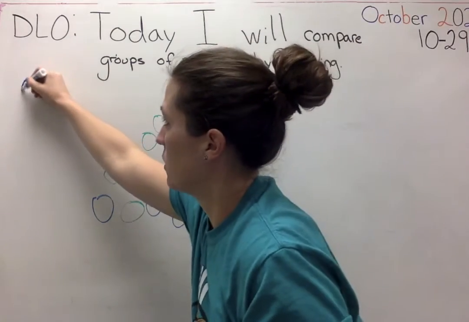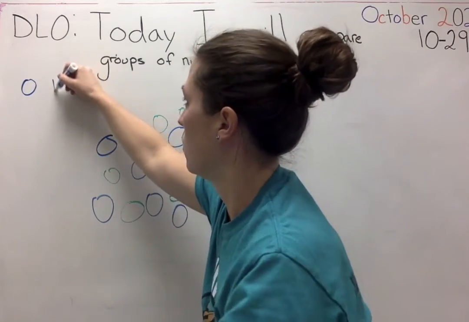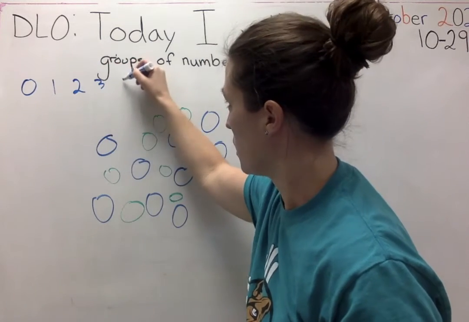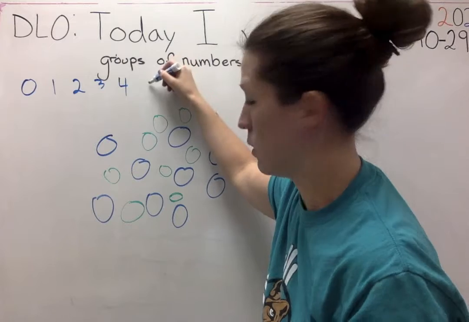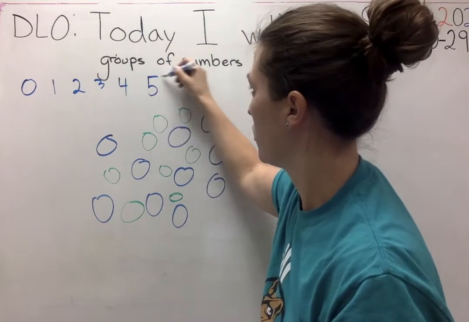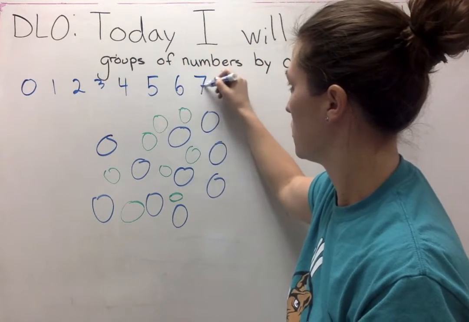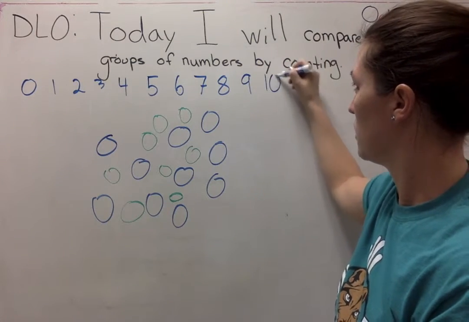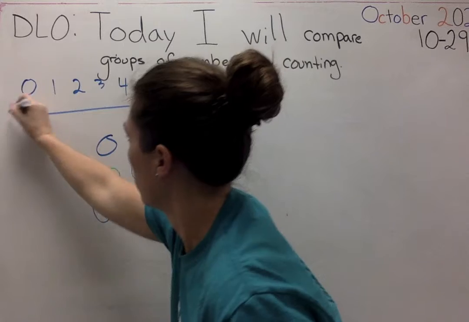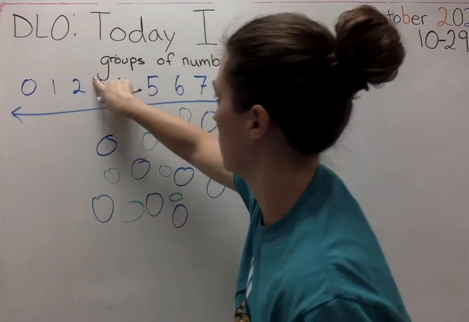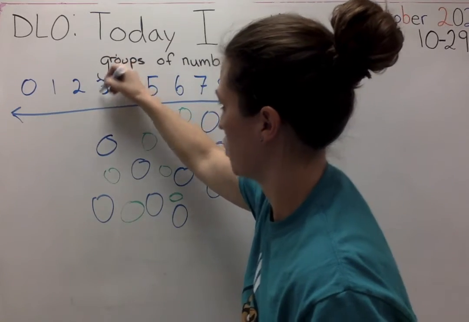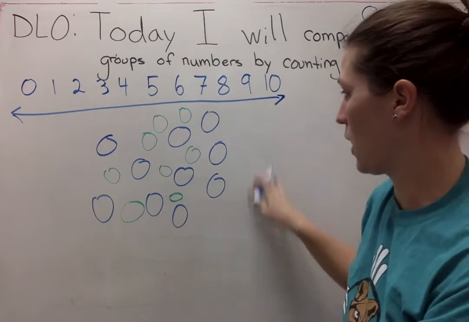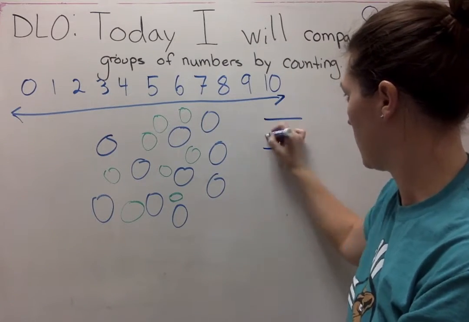So let's start with 0, 1, 2, 3, 4, 5, 6, 7, 8, 9, 10. I'll draw my arrow. I'll make my 3 a little better so we can actually see it. Okay, so we're going to count each group and write the number.